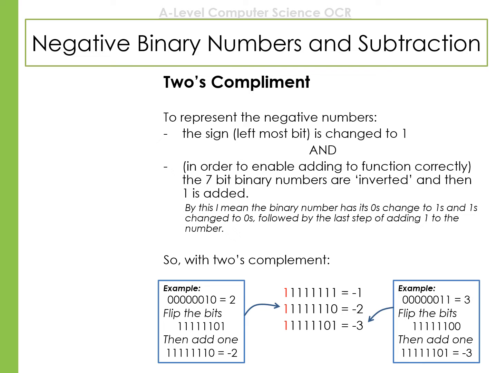If you imagine we were writing 1, we'd have 7 zeros and a 1. If we flip the bits, we'd have all ones and a 0. We add 1 to it, and that makes our minus 1.